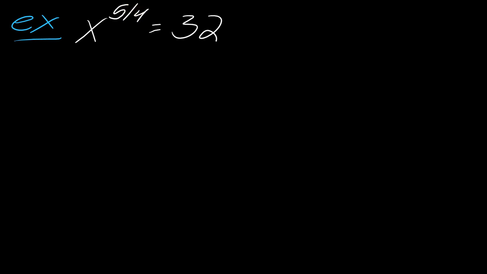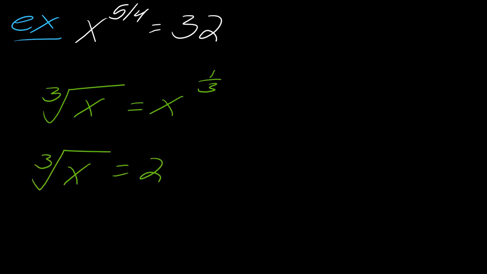It's actually the same logic. Just as a quick reminder, maybe you remember this, maybe you don't: any root can be rewritten with a rational exponent. When I said that to solve the cube root of x equals 2, that would be equivalent to x to the 1/3 equals 2.